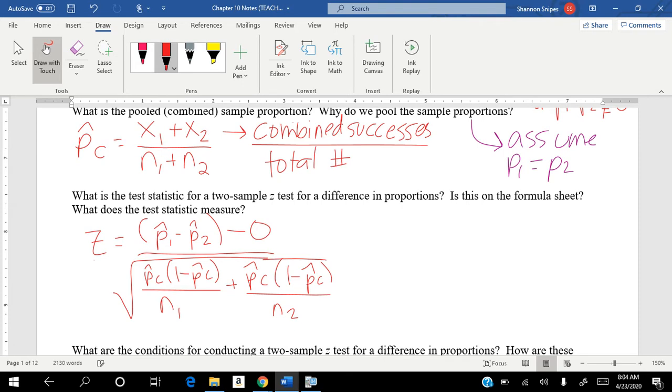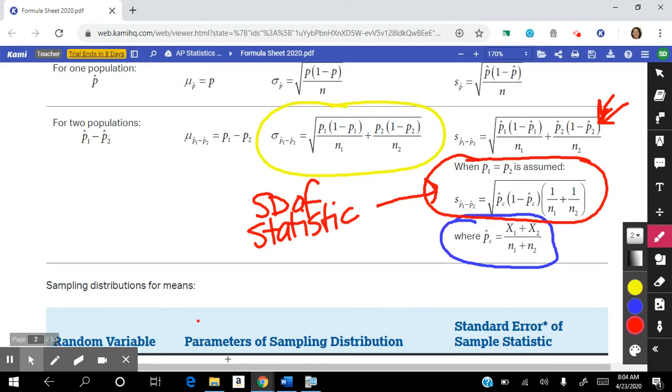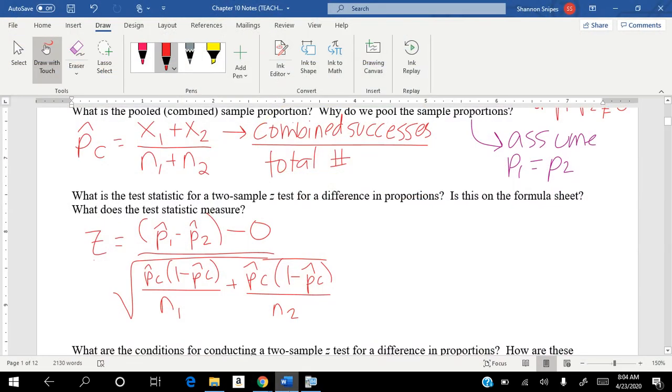Now, remember, there are two different ways you could use that formula. You can use this one, or you can use what is circled in blue. What is circled in red. Those are the exact same formulas. The issue is if you want to use the formula that I have the red arrow pointing to, then you need to remember to change all of those 1s and 2s to the letter C, like I did here.